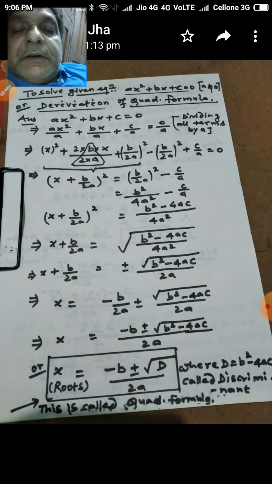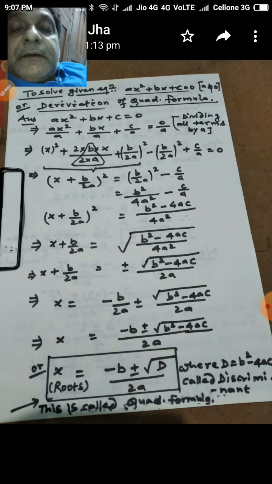Now let us derive one formula which is actually to solve the general form of quadratic equation, which will result in the formula for the next steps of this topic.